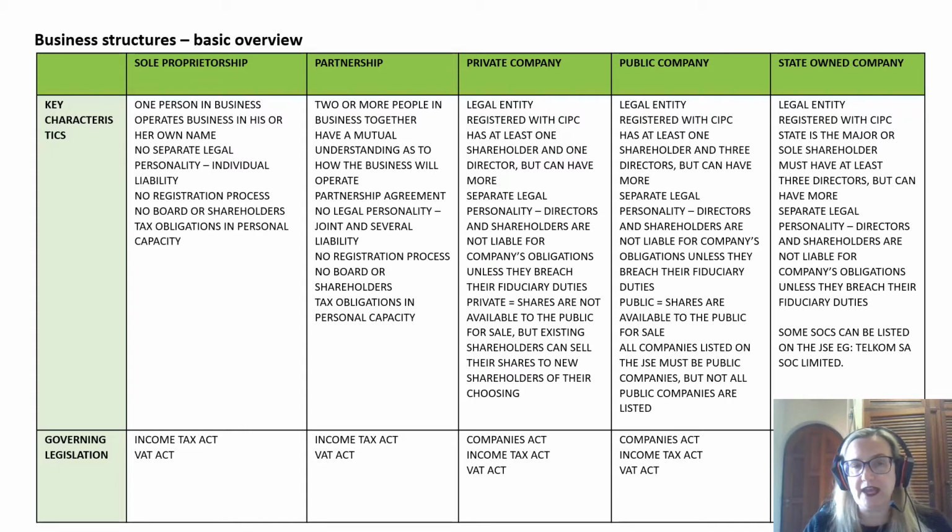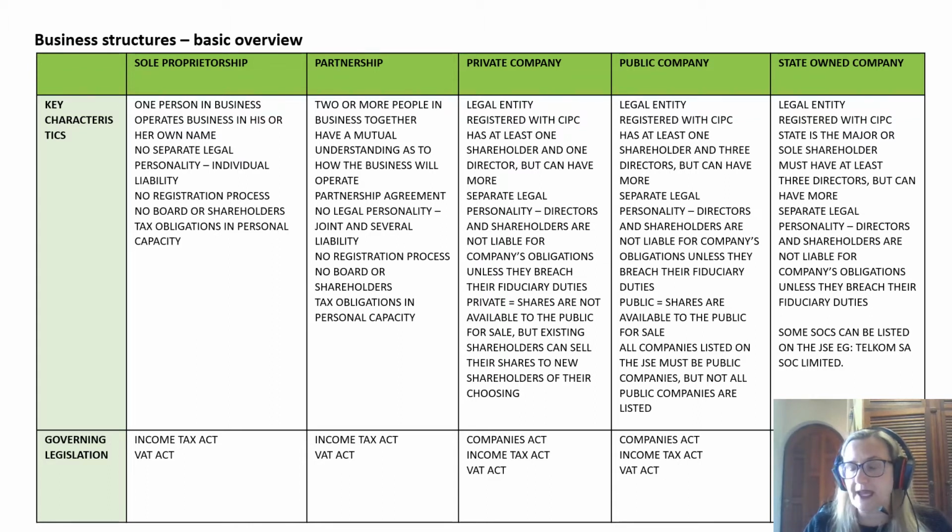The challenge with that, of course, is that if I die, my entire business goes into my estate, or I get sued. This very angry person will come back and sue me in my personal capacity. I've got no protection in terms of separate legal personality, which we'll discuss when we get to companies. But I don't have to appoint a board of directors. It's just me, myself, and I.